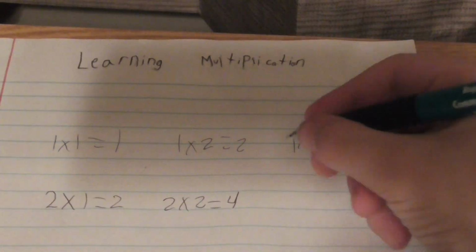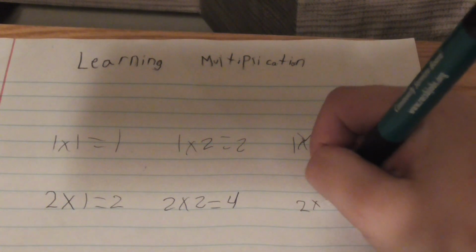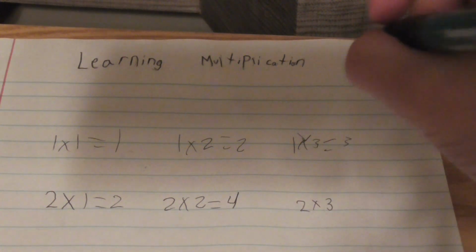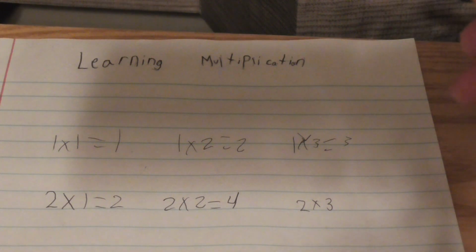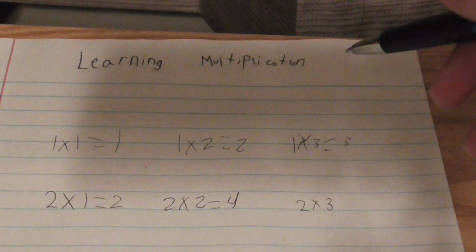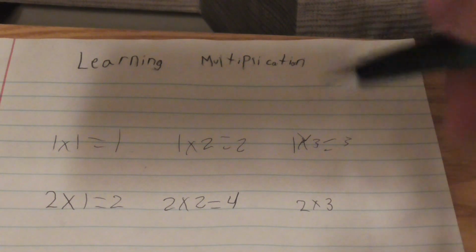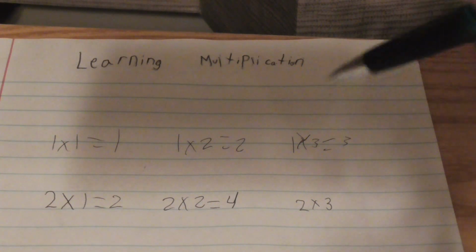Now, next let's say we have 2 times 3. This one's a little bit harder. What you're gonna have to do on this one is you pretty much do 2 plus 2 plus 2. That's what you have to do. It's 2 times 3. 2 plus 2 plus 2.